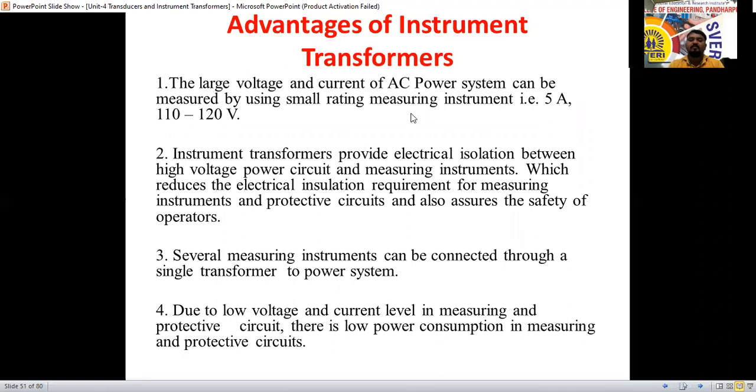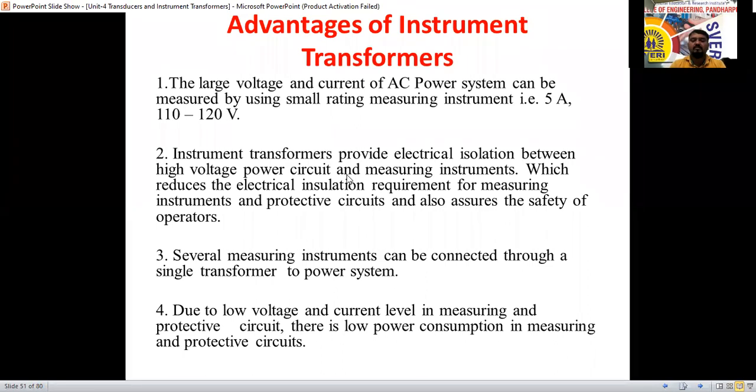Instrument transformers provide electrical isolation between the high voltage power circuit and the measuring instruments. Whatever step down we are doing is only for measurement and protection purposes.